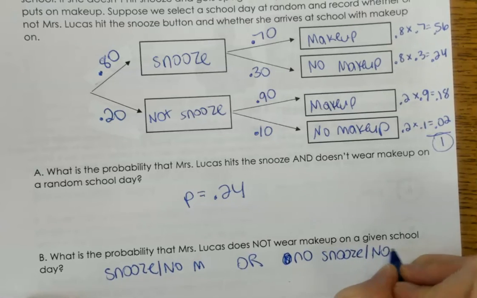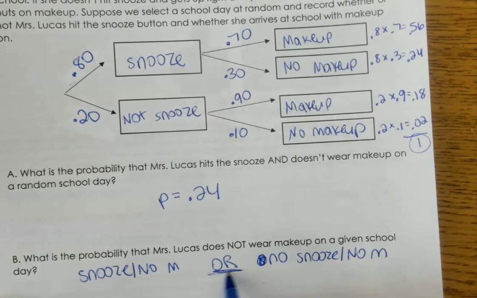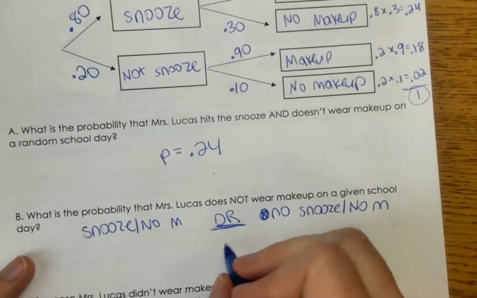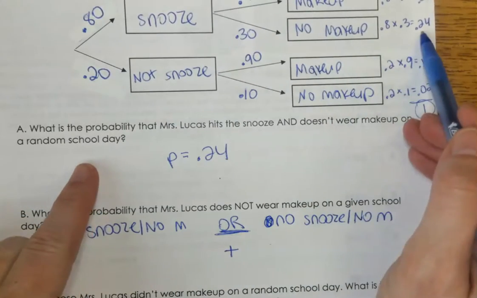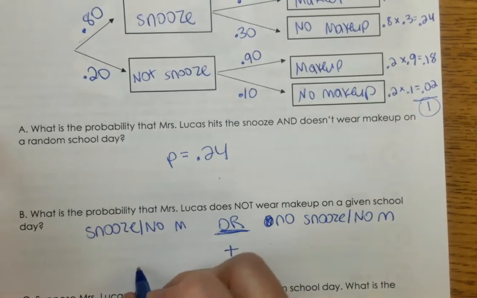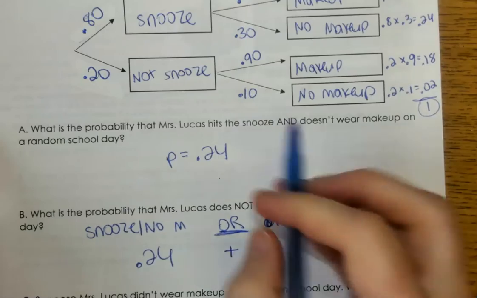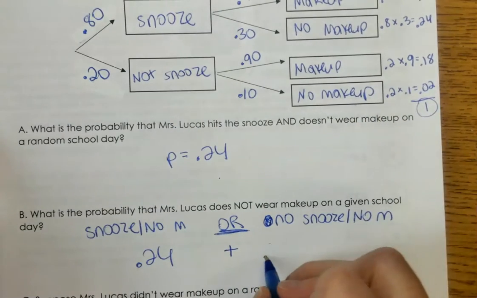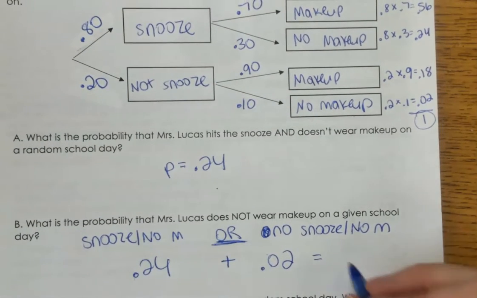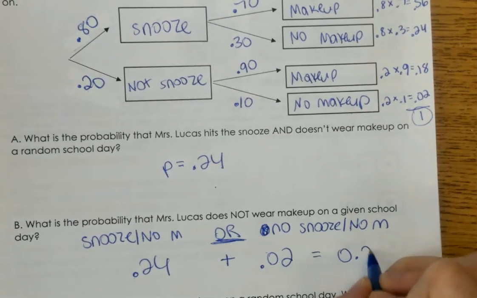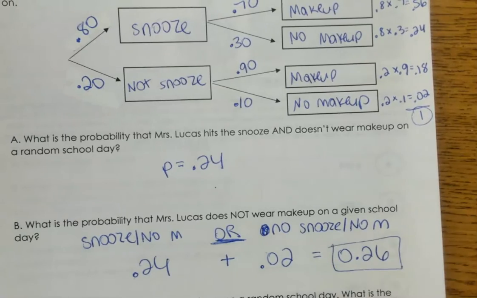So that word or means that I'm adding. So let's go ahead and find these 2 probabilities. Snooze, no makeup was 0.24. And then no snooze, no makeup, 0.02. When I add these 2 together, I get 0.26.